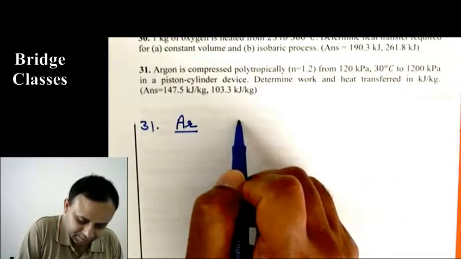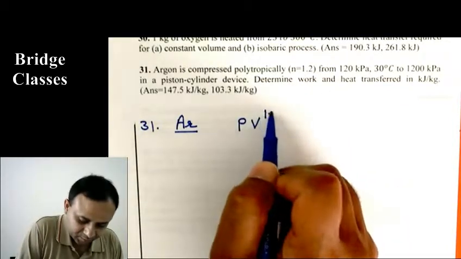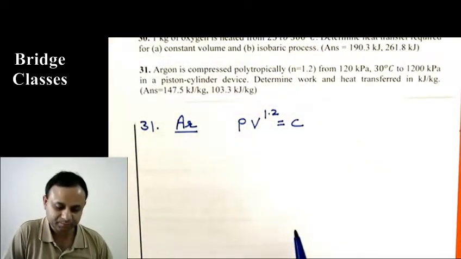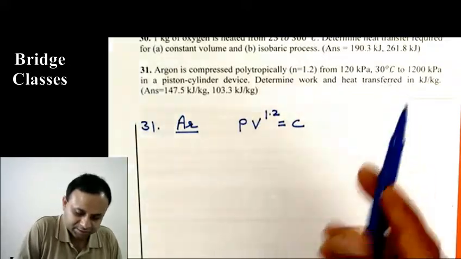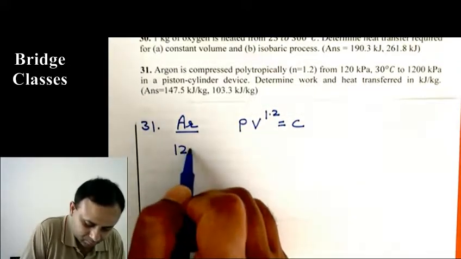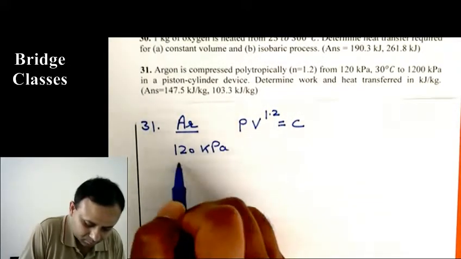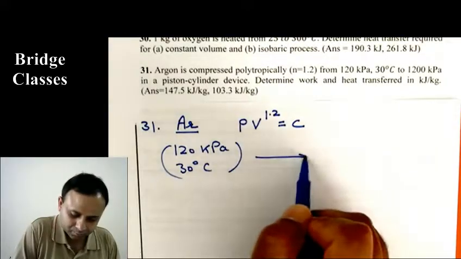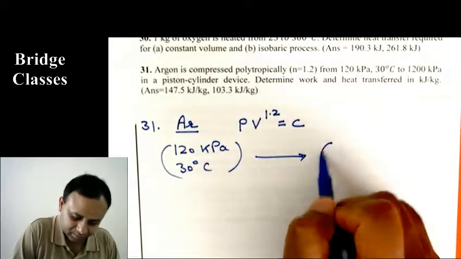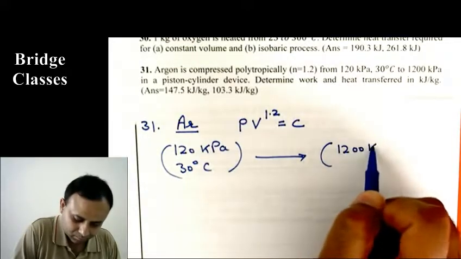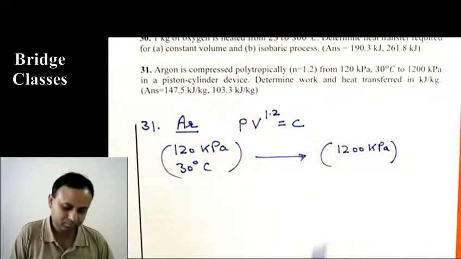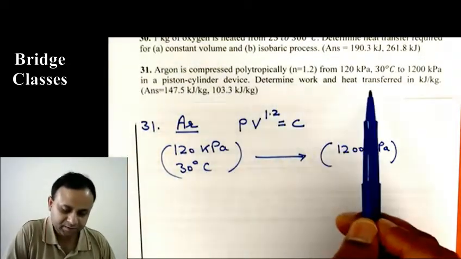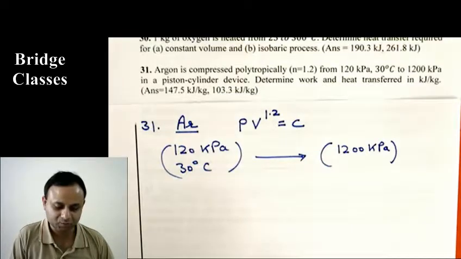So the process is PV to the 1.2 is constant because n is given as 1.2, from 120 kilopascal, 30 degrees C, to 1200 kilopascal in a piston cylinder device. Determine work and heat transfer in kilojoule per kilogram.